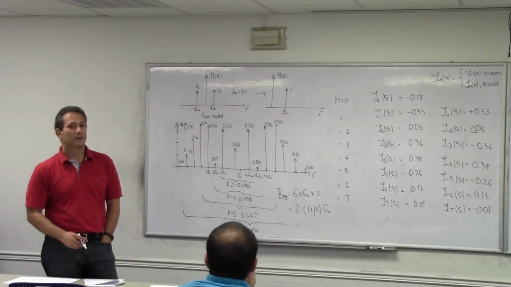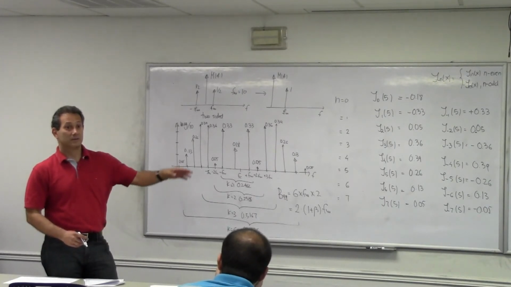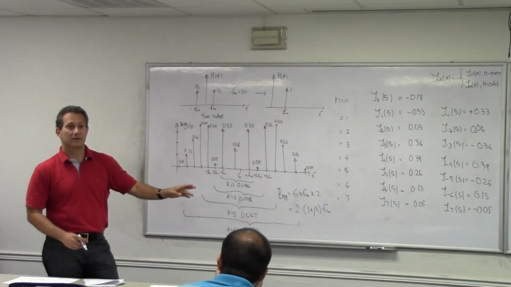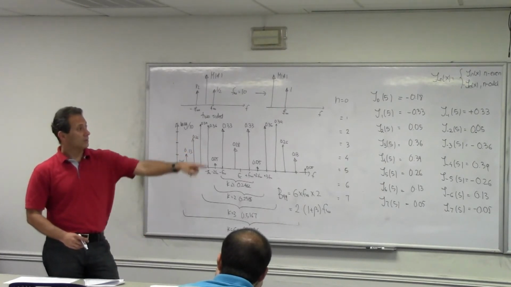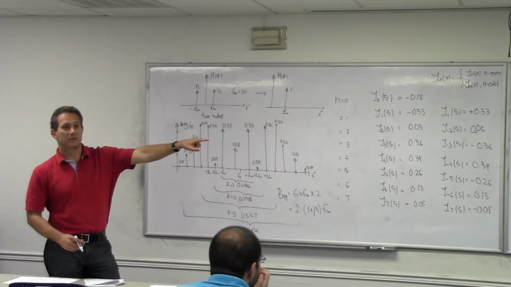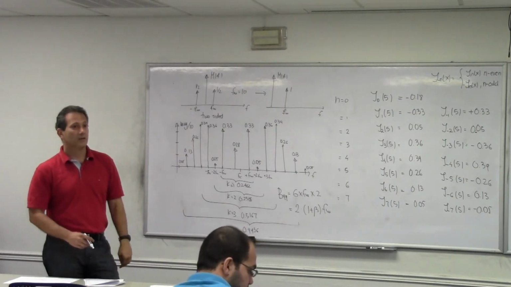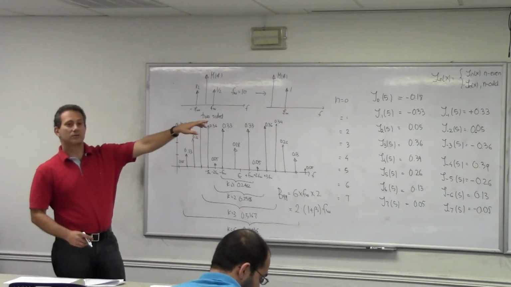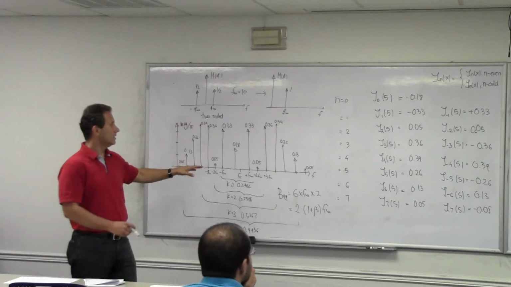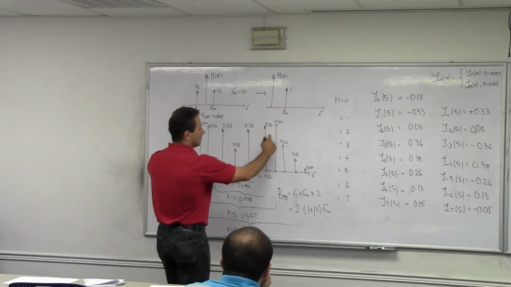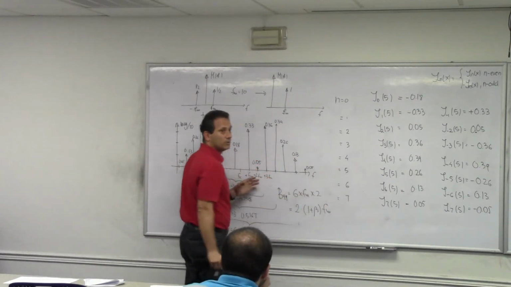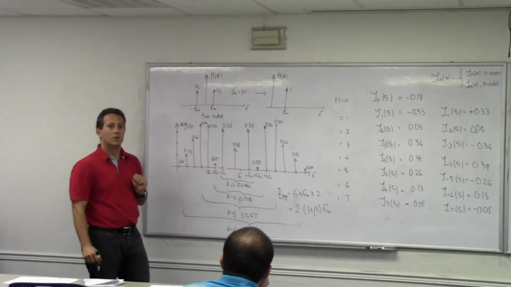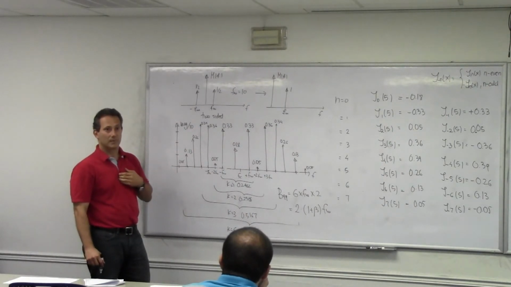How many? 7. 7 components on each side, right? How do I know that? Look at the table. For 7 components, I'm capturing 0.999 something of the power. So even though you know that summation goes from minus infinity to plus infinity, it has some stuff here, but then quickly dies to the point where the contribution of the other components is negligible. Okay?